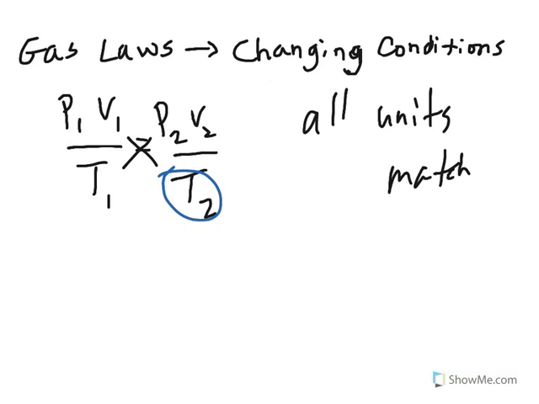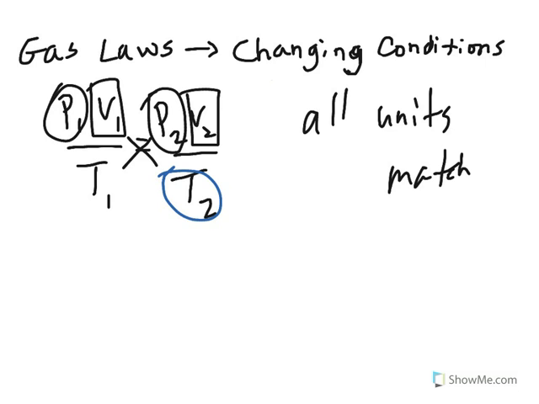What I mean by that is if pressure right here is in atmospheres, then this pressure better be in atmospheres. So you might have to do some conversions. If volume is in liters, then it better be in liters on both sides. And the other thing we have to make sure is temperature has to be in Kelvin, so that we avoid negative temperatures. Then we have numbers that will match up and mathematically work out.